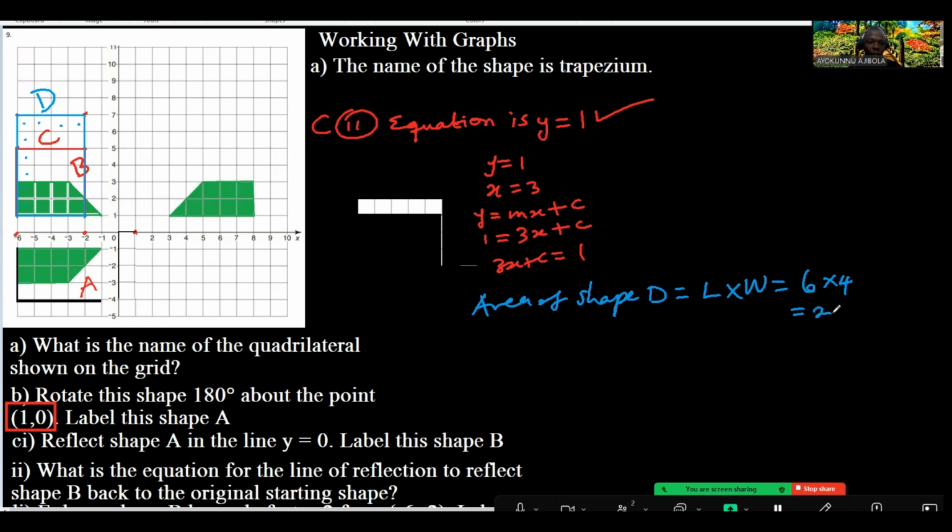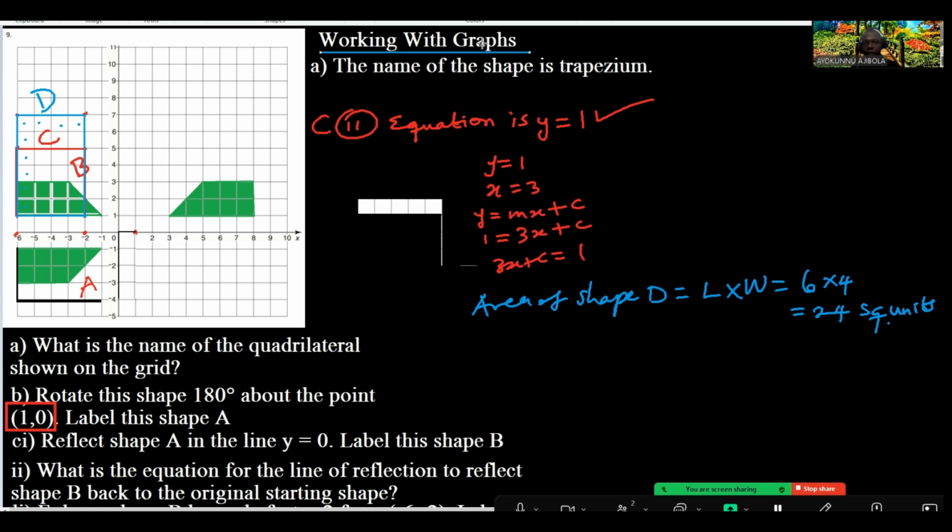And that is 24 square units. Then if we count the boxes, they should be 24. 1, 2, 3, 4, 5, 6, 7, 8, 9, 10, 11, 12, 13, 14, 15, 16, 17, 18, 19, 20, 21, 22, 23, 24. Is that clear? So with that, we've been able to come to the end of this particular question, okay?